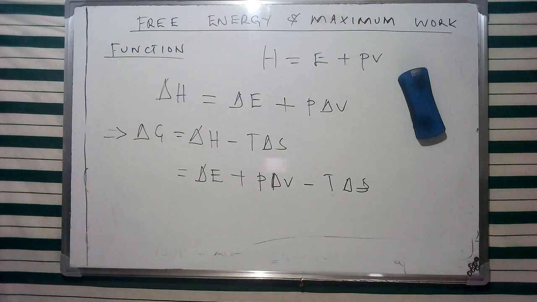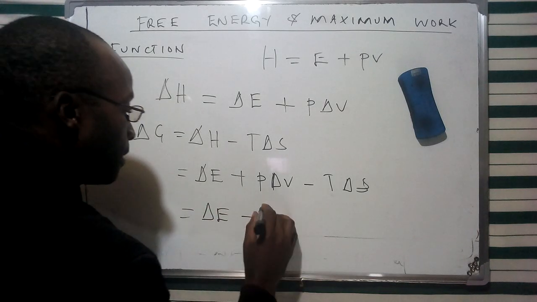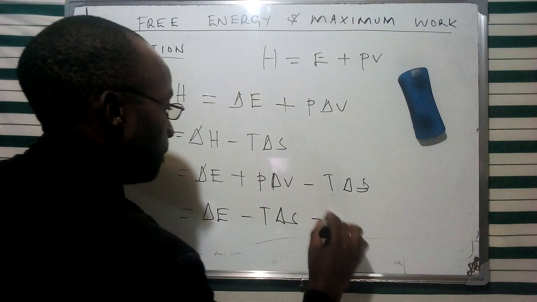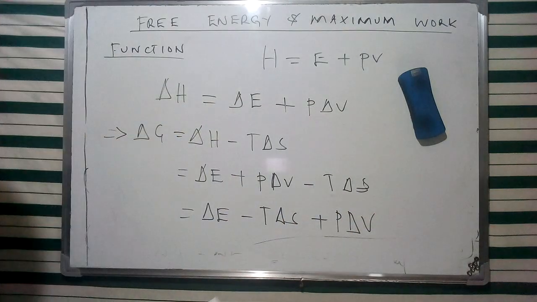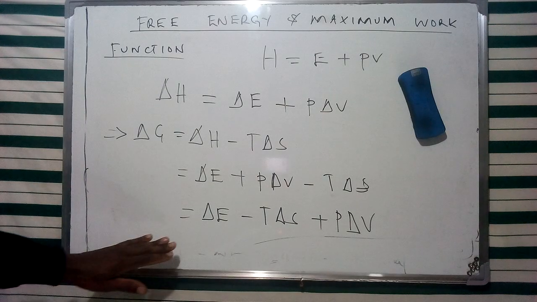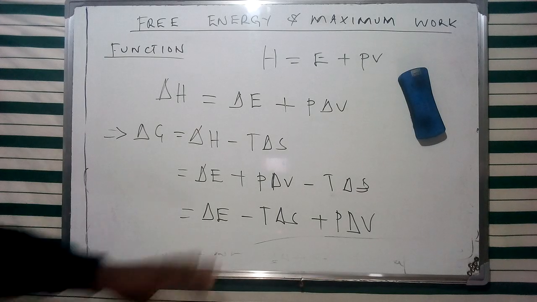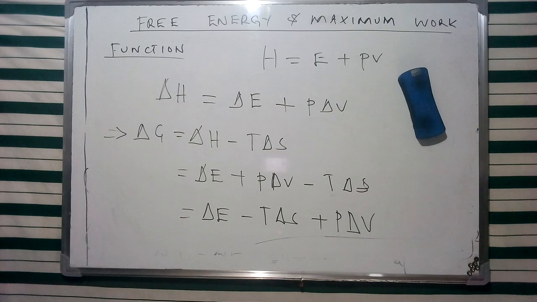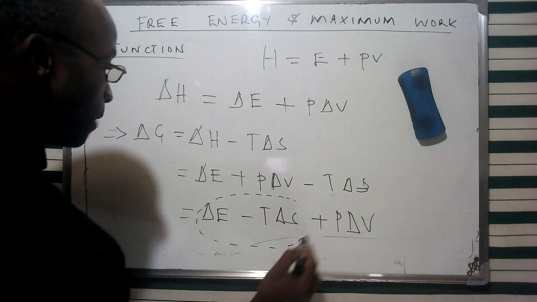So we can perform a rearrangement of this specific formula, and then we're going to have delta E minus T delta S plus P delta V given as such. And of course, if we look at this, we are given the representation of Helmholtz energy using this first portion of the representation for Gibbs free energy.